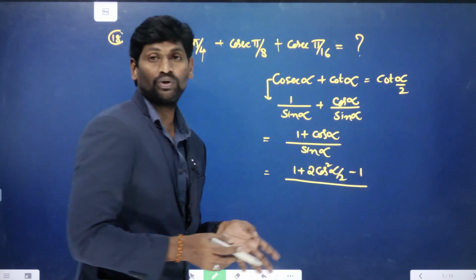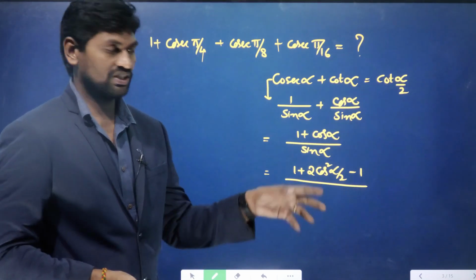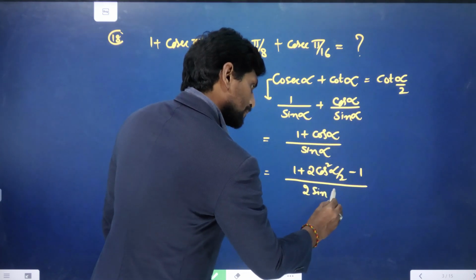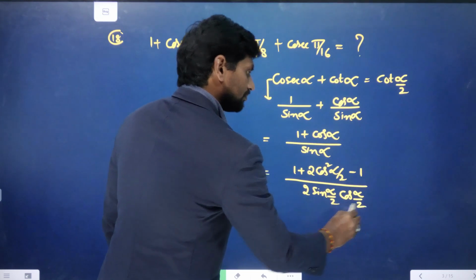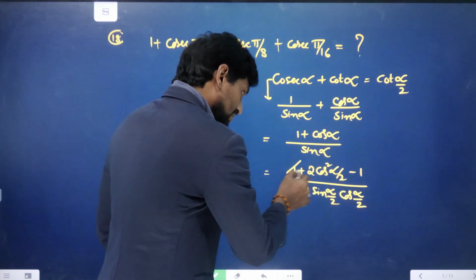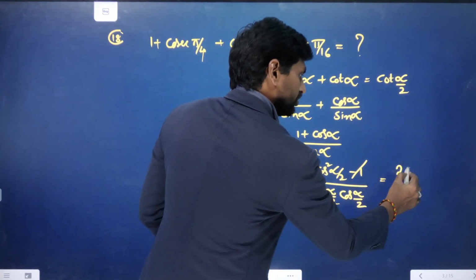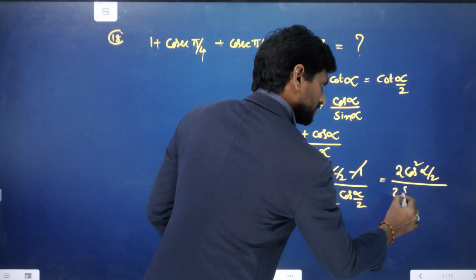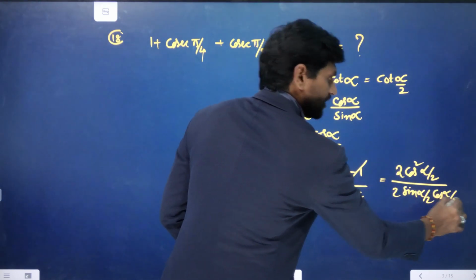We should use the multiple angle formula here also. We have no other option to do this. Same way sin alpha also we can write as 2 sin alpha by 2 cos alpha by 2. Plus 1 minus 1 are cancelled. Still remaining is 2 cos square alpha by 2 by 2 sin alpha by 2 and cos alpha by 2.